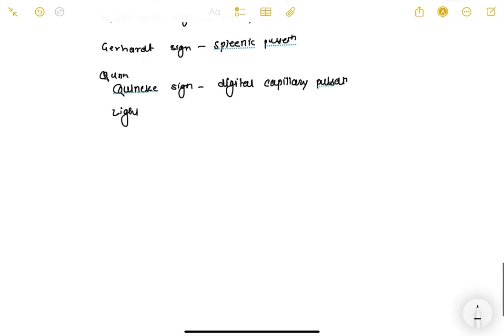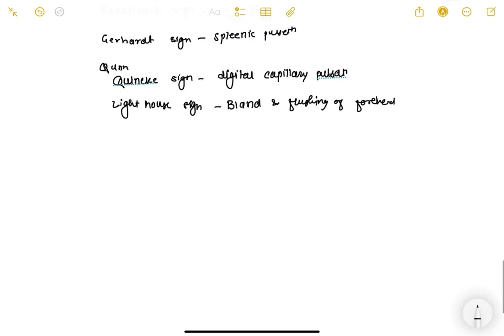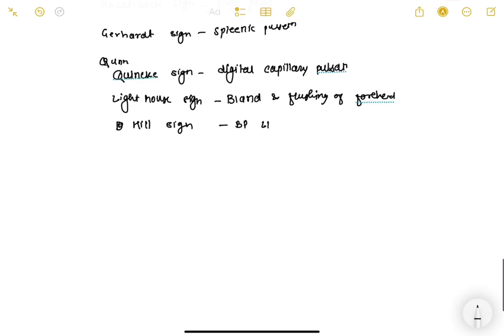Then there is a lighthouse sign, blanching and flushing of forehead. Then there is a Hill sign, blood pressure in lower limb is more than upper limb by almost 20 mmHg.